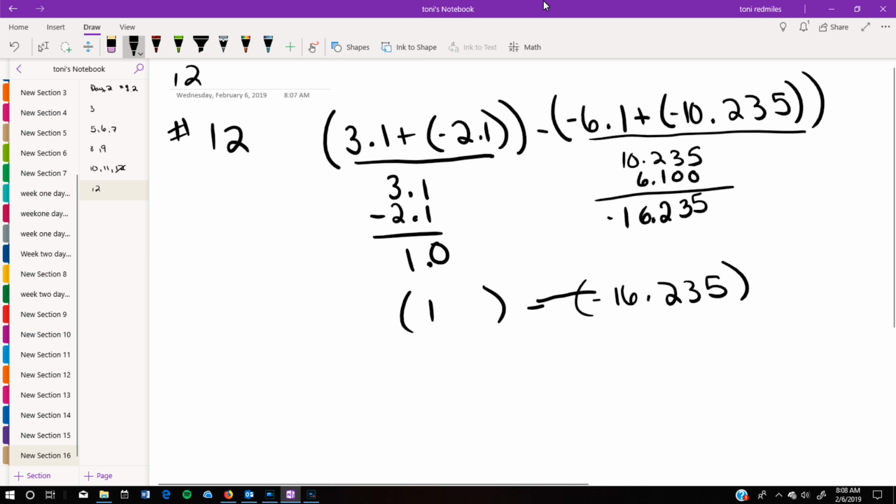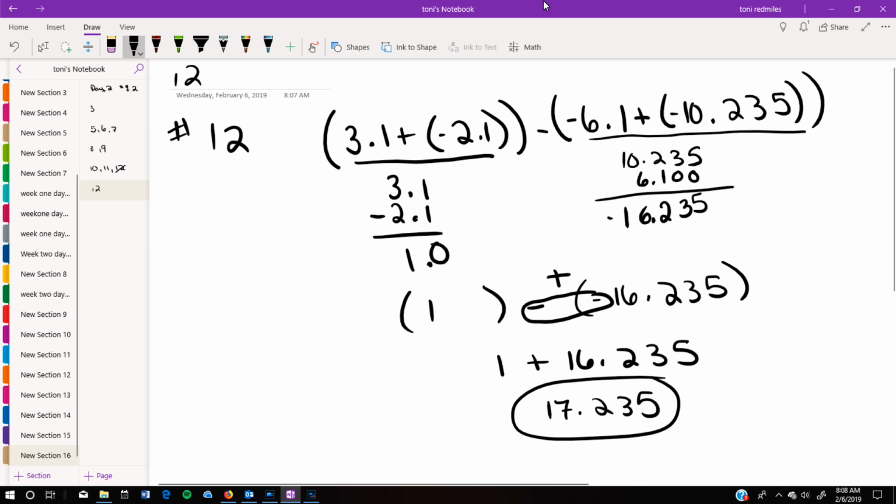Two negatives beside each other, whether there's a parenthesis there or not, are going to make a positive. So I have 1 plus 16.235. Don't overthink. If I add 1 to that number, it's going to be 17, right? Or you can line up the numbers, but don't overthink. Always take practical answers over everything else. All right, we are done.